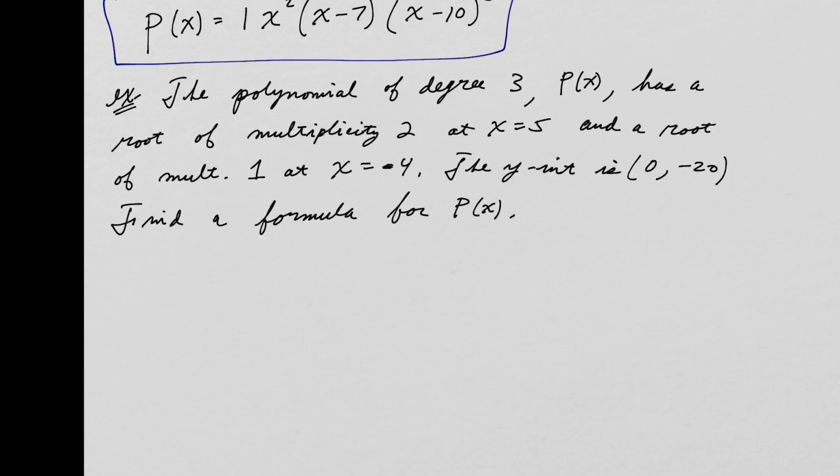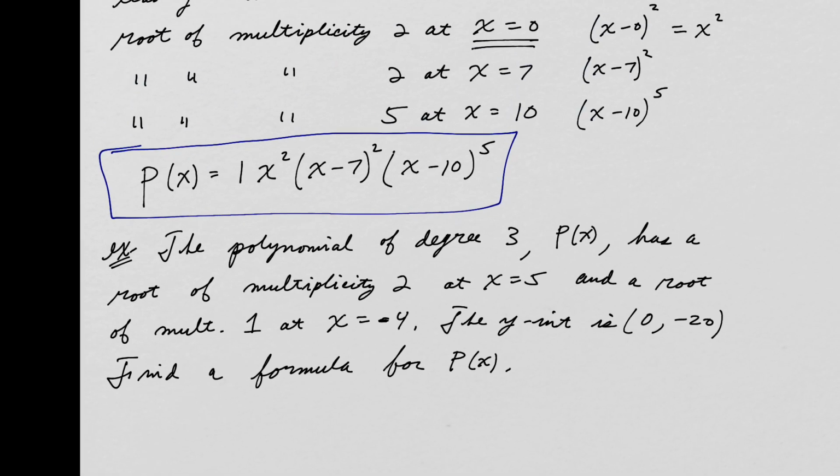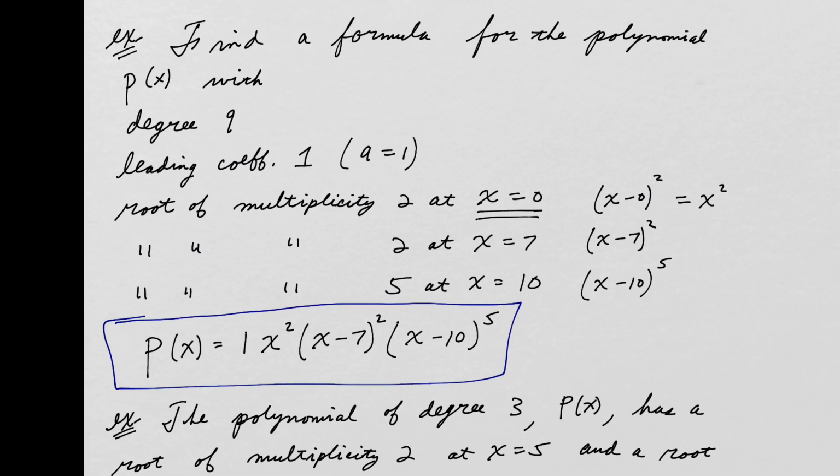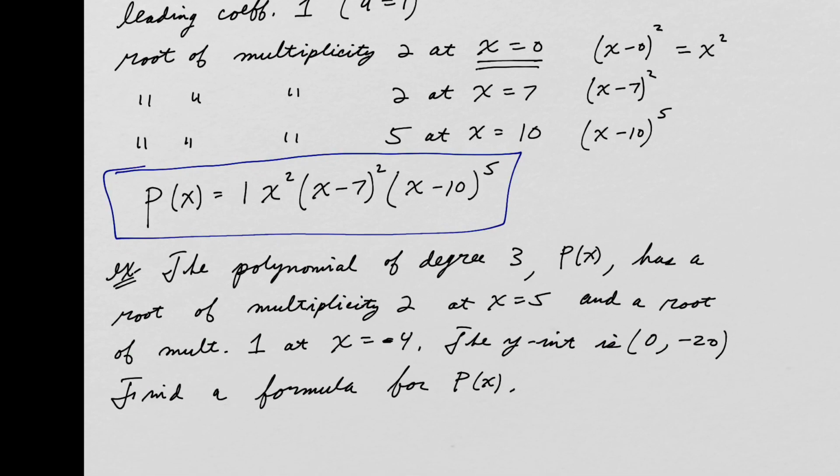Actually, before I do this problem, let me go back to the other problem just for a second. Remember, another thing it told us at the beginning was that the degree of this polynomial was 9. Well, let's check that. Does that make sense? If you were to expand this out, do you see how I have an x squared term here? If I expand out the second factor, x minus 7 squared, I'm going to get another x squared term. And if I expand out x minus 10 to the 5th, I'm going to get an x to the 5th plus a bunch of other stuff.